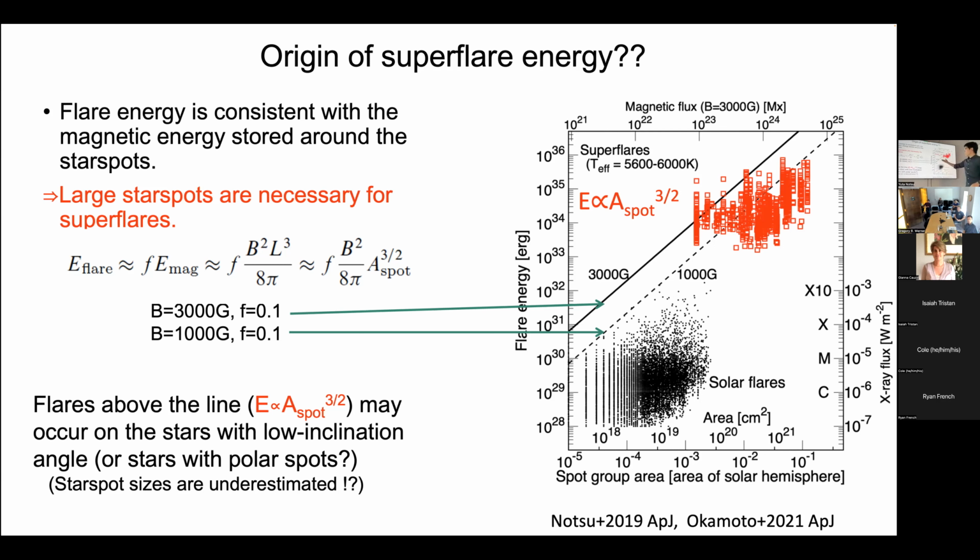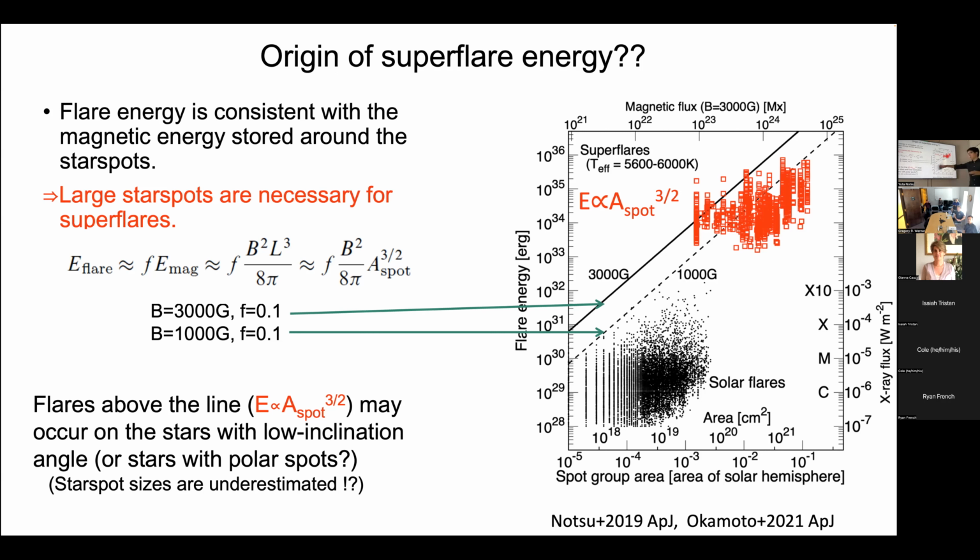And there can be a rough scaling, calculating the magnetic energy that can be stored around the sunspot area, the starspot area. Very roughly speaking, the magnetic energy stored around the starspot can explain the flare energy. Now, of course, the stellar data have some ambiguity because this is only based on amplitude modulation.